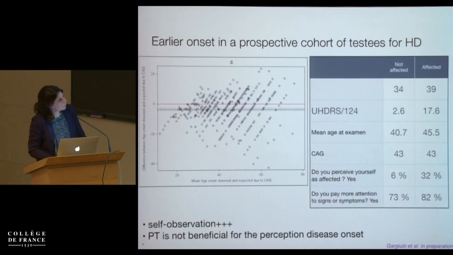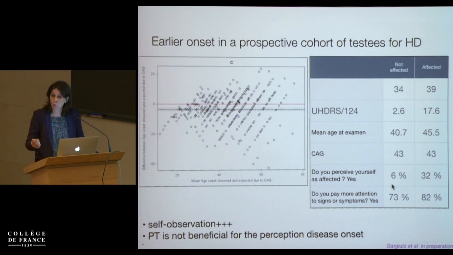And if you ask those who did this study with us, you examine them, and there were affected ones and unaffected ones, based on motor examination, which is only one thing. But if you ask them, do you perceive yourself as affected? When they clearly are, here in this column, only a third say, yes, I am, which is interesting.